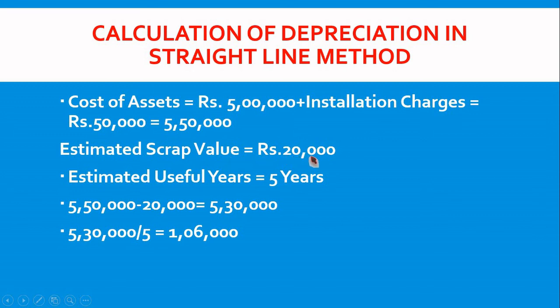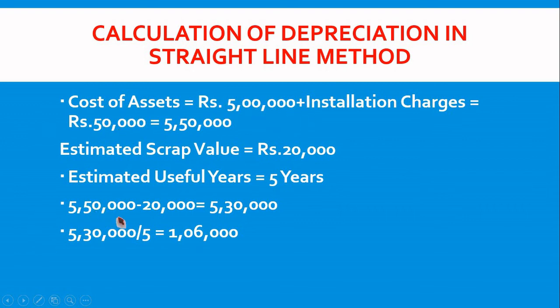Estimated scrap value is rupees 20,000. Estimated useful life is 5 years. So as per the formula, 5,50,000 minus 20,000. Here 5,50,000 is the cost price of the asset including installation charges.